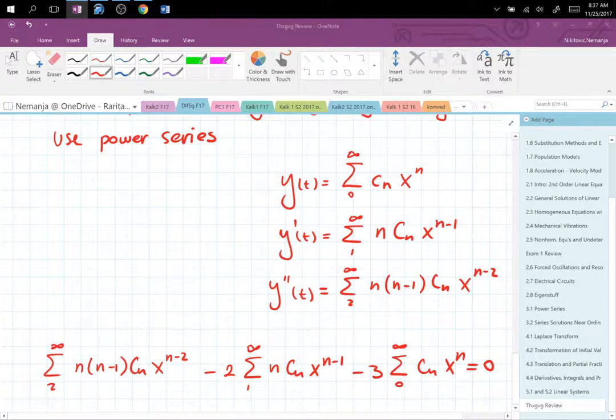So all I've done here is I replaced the three power series into the differential equation where they belong.